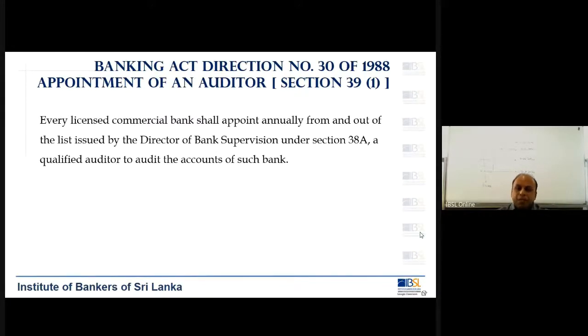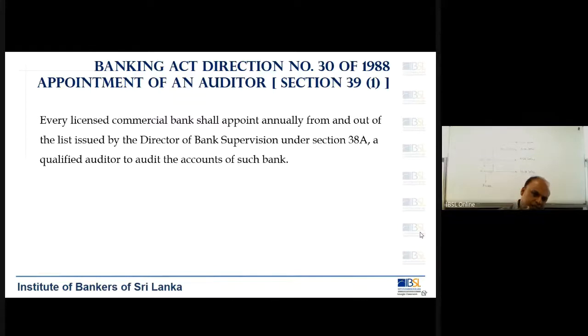Appointment of an auditor. Every licensed commercial bank shall appoint annually, out of the list issued by the Director of Bank Supervision, an auditor to the company. Now, how these auditors get appointed is, at the annual general meeting of the bank, there will be a proposal by the board of directors to the shareholders that you are nominating a certain auditor.